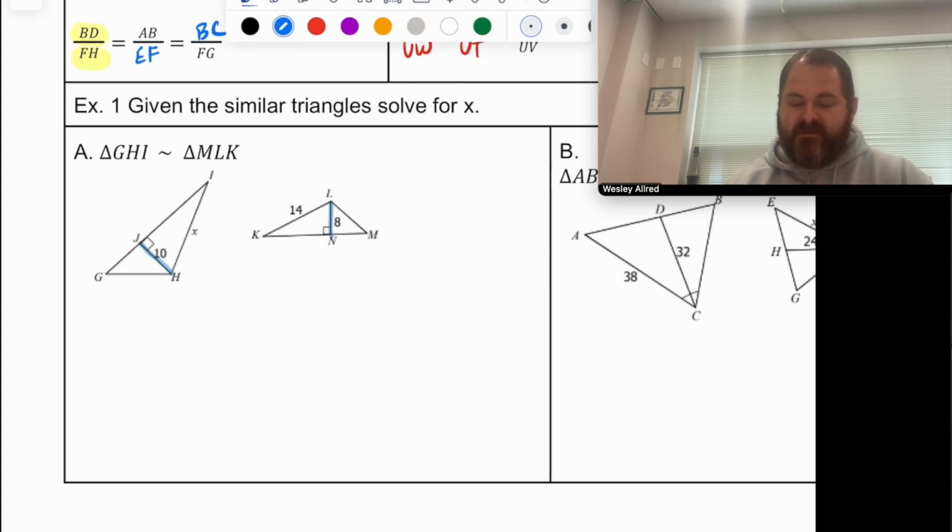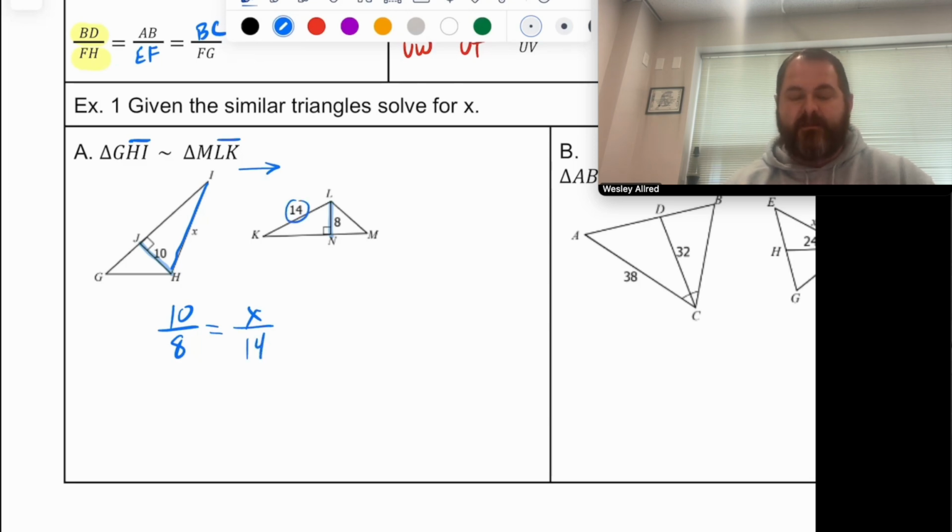So the ratio of those altitudes, let's say I'm going in this direction, from bigger triangle, GHI, to smaller triangle, MLK, that ratio of 10 to the other altitude of 8 has got to be equal to the ratio of sides. Well, X is the side given here, and X is the length of HI, which corresponds to LK, which is my 14.